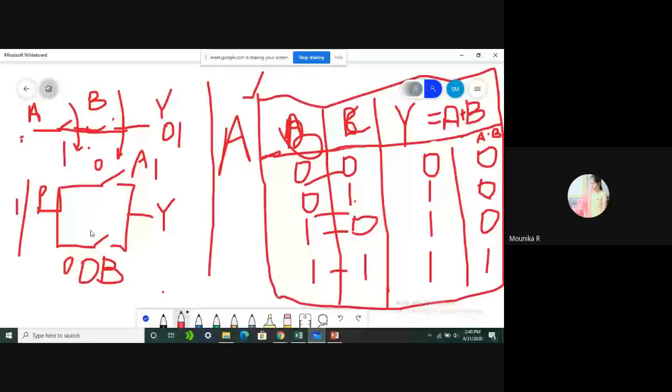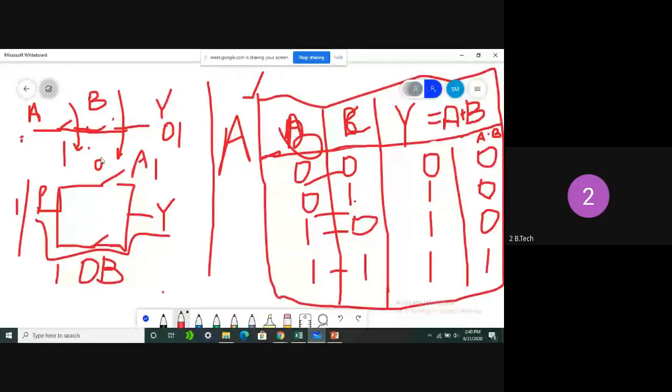The 0 1 combination, what is happening? A is 0, B is 1, in the sense B is closed. So input will move like this from here only. So we can get output even though A is 0. Clear?